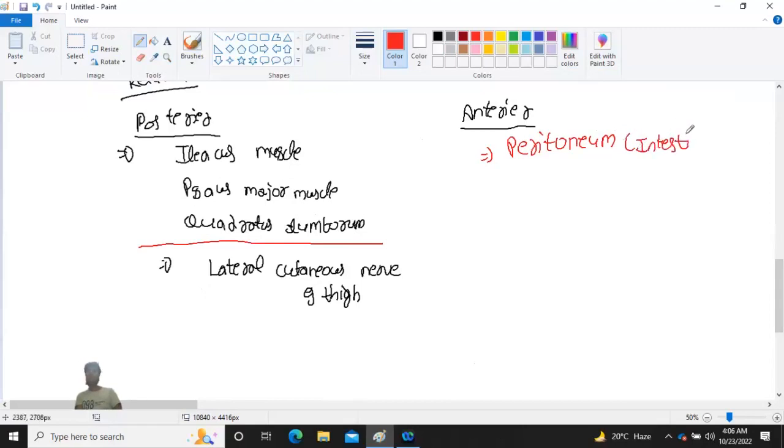But on the left side, let's say this is the left ureter, here sigmoid mesocolon is present.